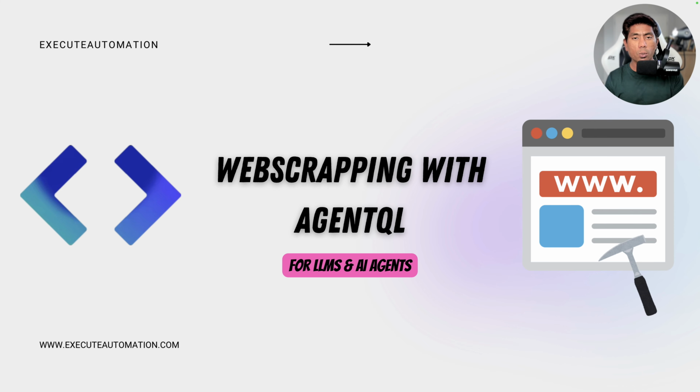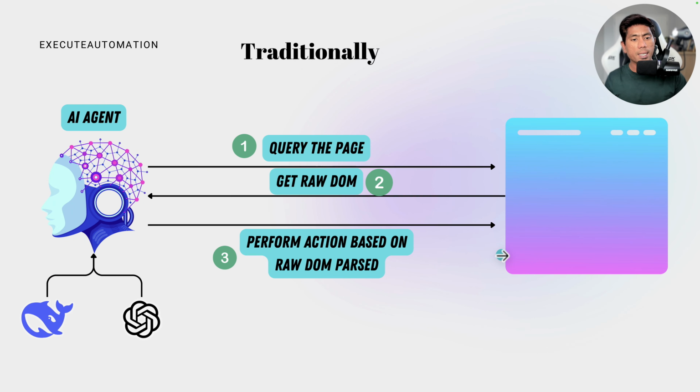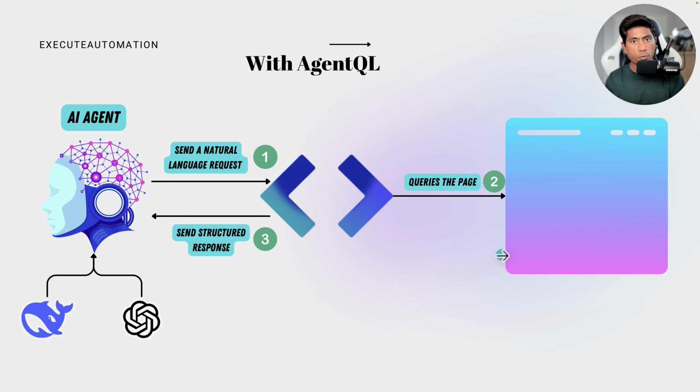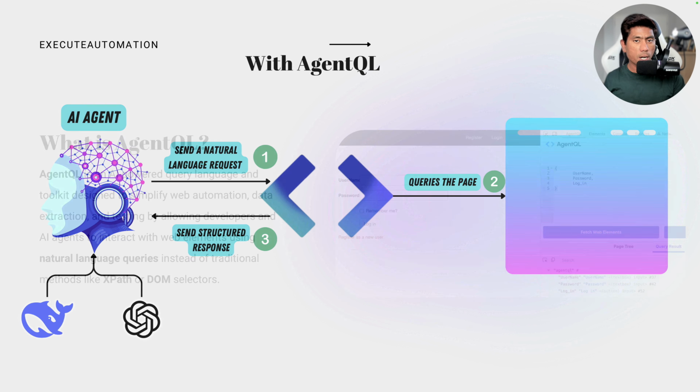But this AgentQL, if you remember, I was talking about a couple of days before, is going to do the scraping of the page for you, get the information from the page, and send an actual response to the AI agent, which is exactly what we are going to use for our test automation code.